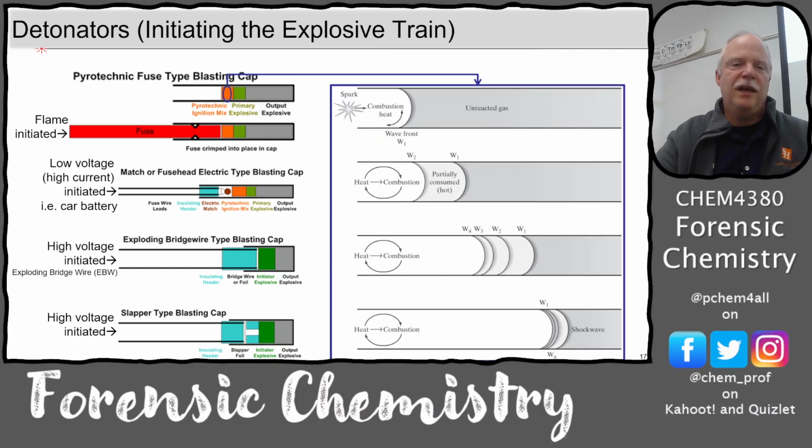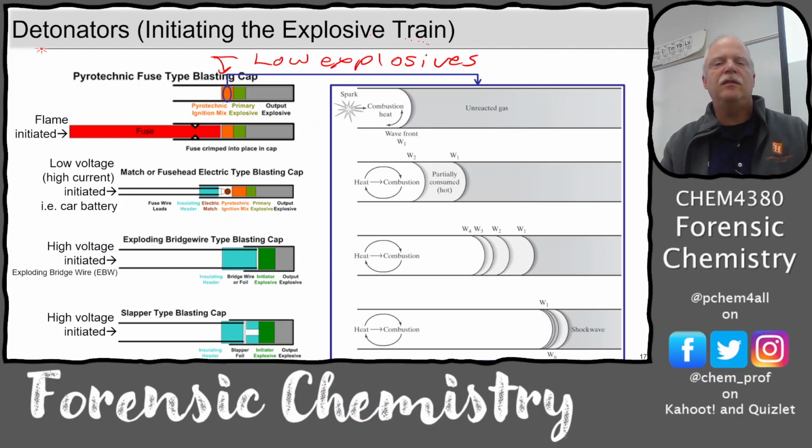So these are different detonators that operate on some of these different techniques. Here's one that's flame initiated. So you burn a fuse and you've got these low explosives here in the orange region. And typically the low explosives are primaries.